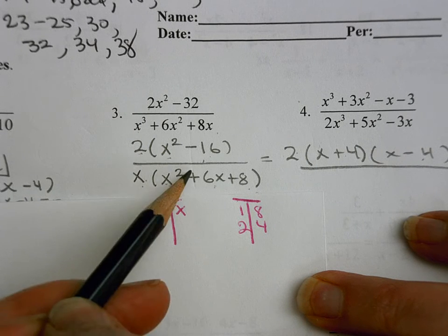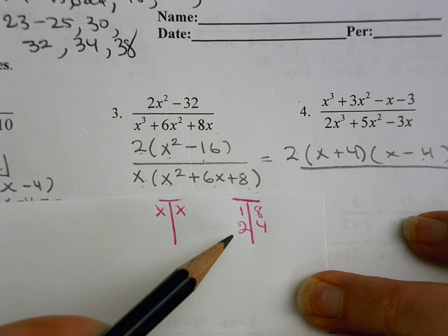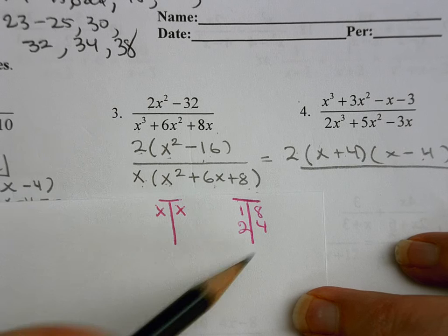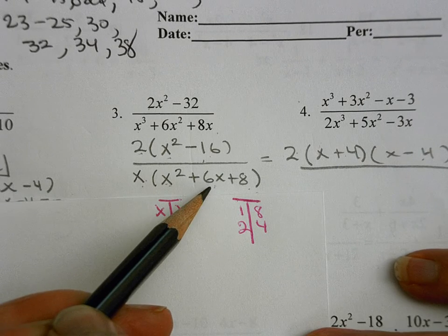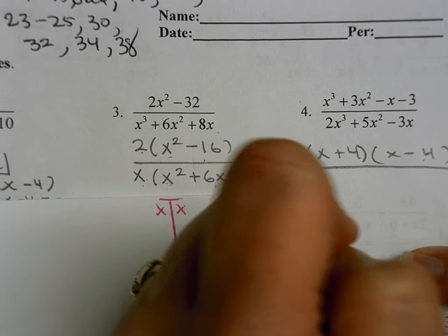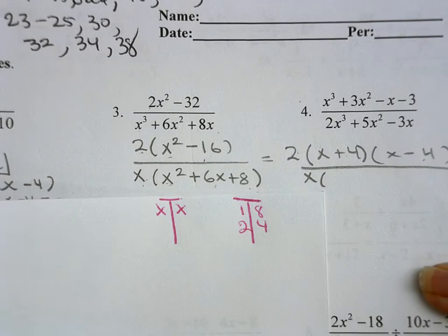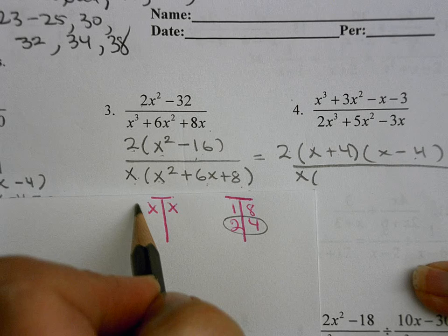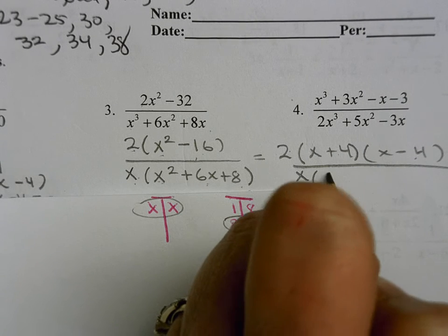When I multiply x with the 2, it gives me 2x, and when I multiply x with the 4, it gives me 4x, and it will give me 6x when I add. So I still have this x out front. And then my grouped factors are going to be 2 and 4 with x and x.